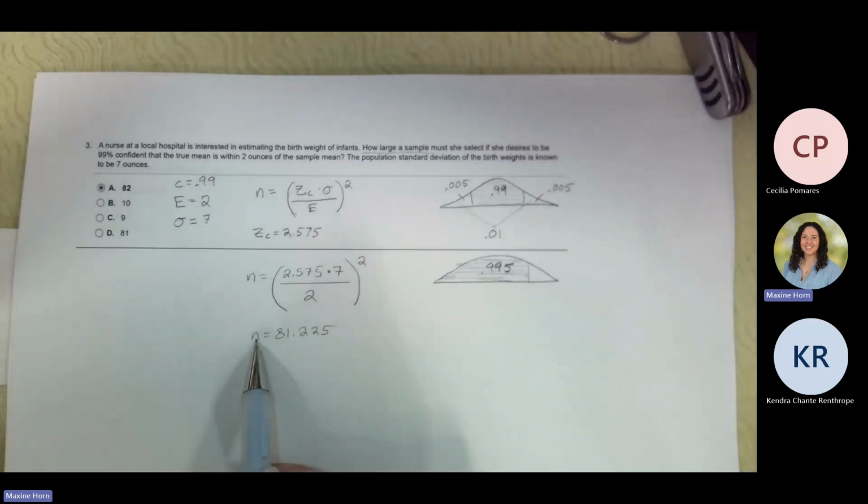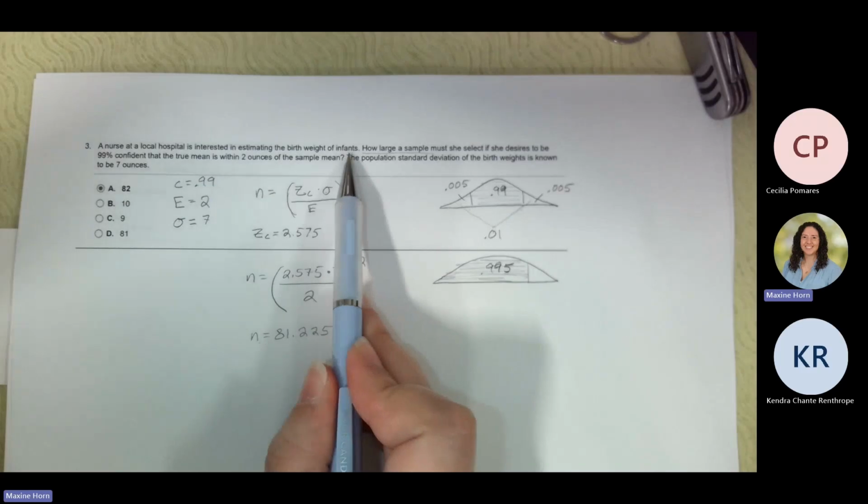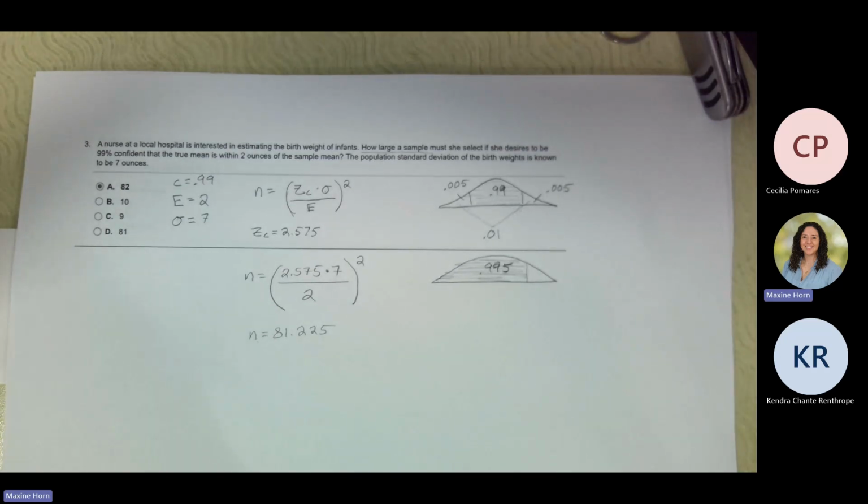So what exactly does this mean? What are we looking for? What is n? n is our minimum sample size. So n represents how many people, or in this case, how many infants we need to have in this study. Can I have 0.225 of a person? No, I cannot, which is why your n always needs to be a whole number when you're dealing with choosing people.